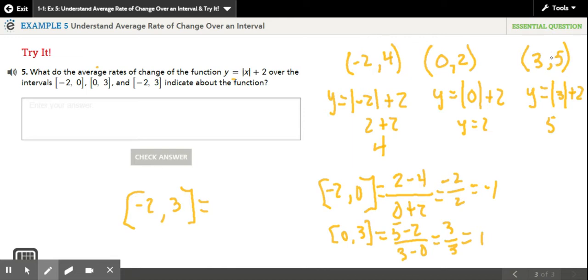So it's going to be 5 minus 4, change in y, over change in x, 3 minus -2. So 3 minus -2 is 5. So you end up with 1 over 5, 1/5. So what does it indicate about the function? It's nonlinear.